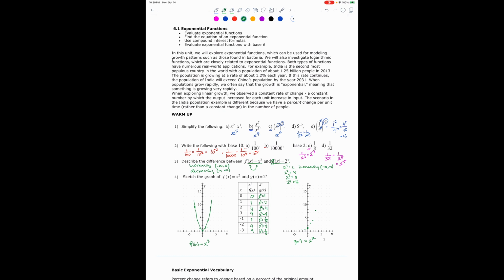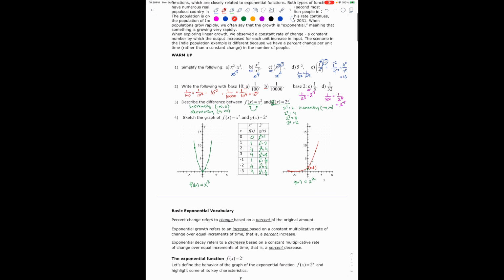So the graph of the function is going to look like this. It's going to be very close here, and then it increases, and the y-intercept is 0 and 1. And it continues growing. So that is the graph of both of these functions.